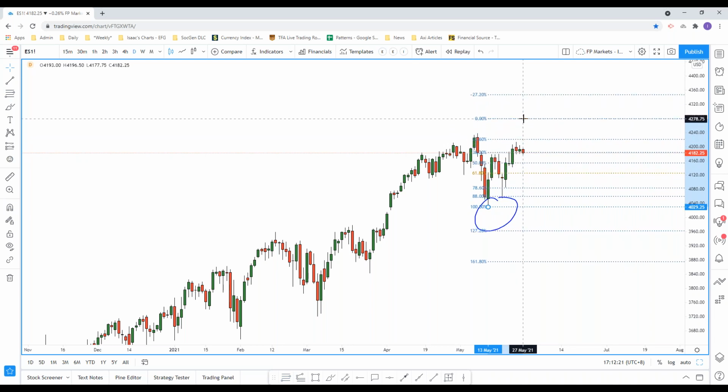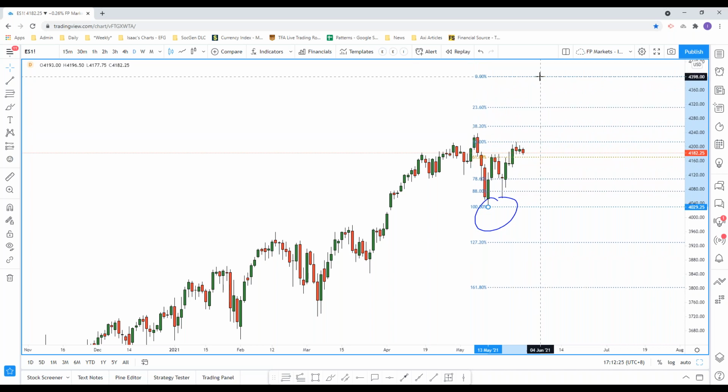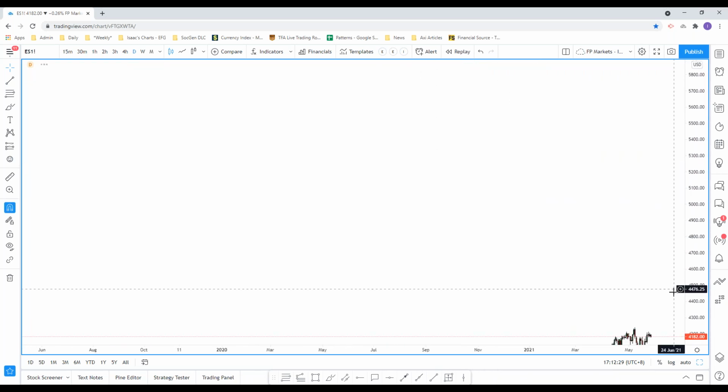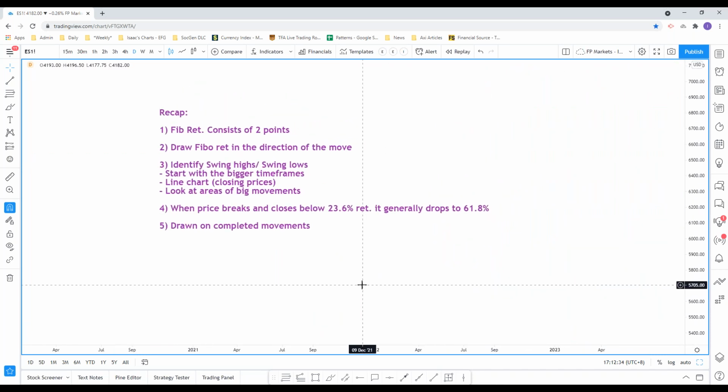As long as price keeps going higher, our Fibonacci levels are just going to keep moving, which is why the correct way of drawing Fibonacci levels is that it has to be drawn on completed movements.